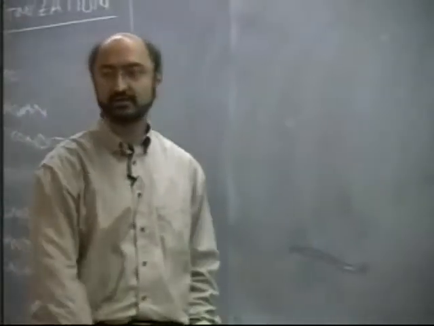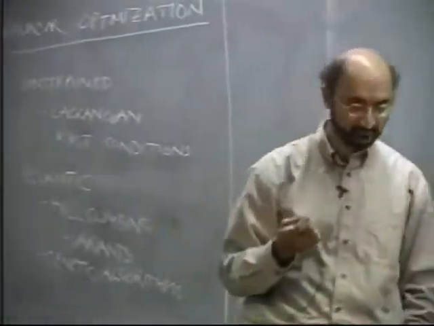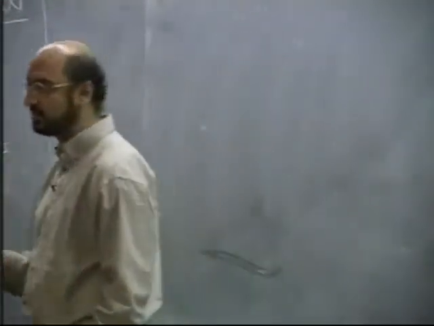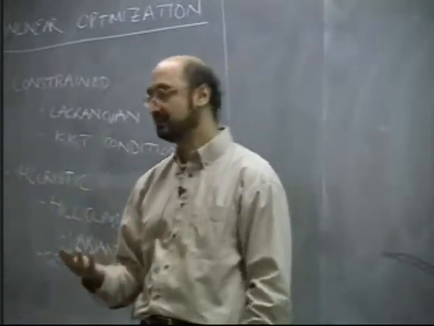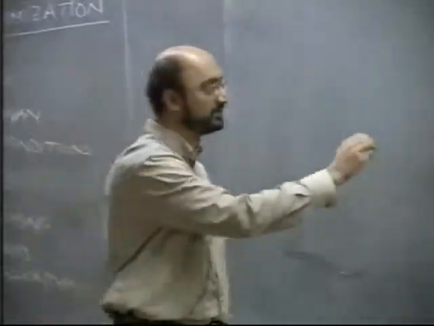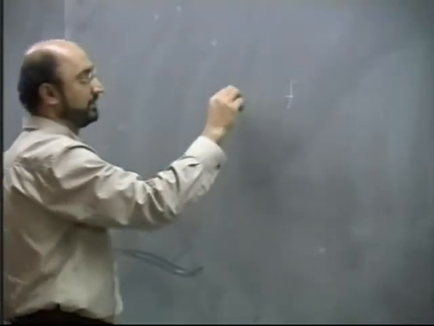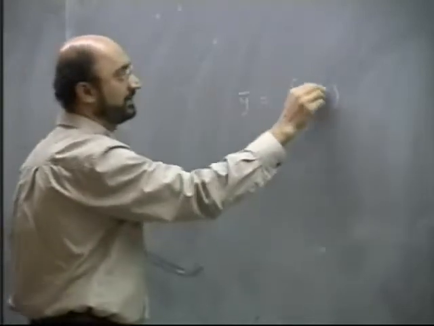But we'll start again with the first thing, which is just nonlinear optimization. So why is nonlinear optimization hard? And let me try and give you an intuitive understanding of why linear optimization is easy. So in linear optimization, generally speaking, we have some function, y equals f(x), and these are vectors.